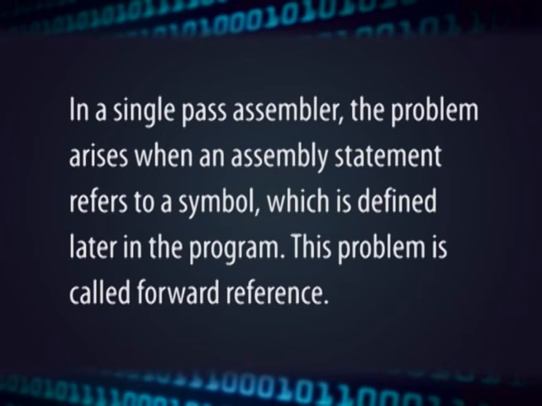In a single pass assembler, the problem arises when an assembly statement refers to a symbol which is defined later in the program. This problem is called forward reference. The problem of forward reference is tackled by using a technique called backpatching.